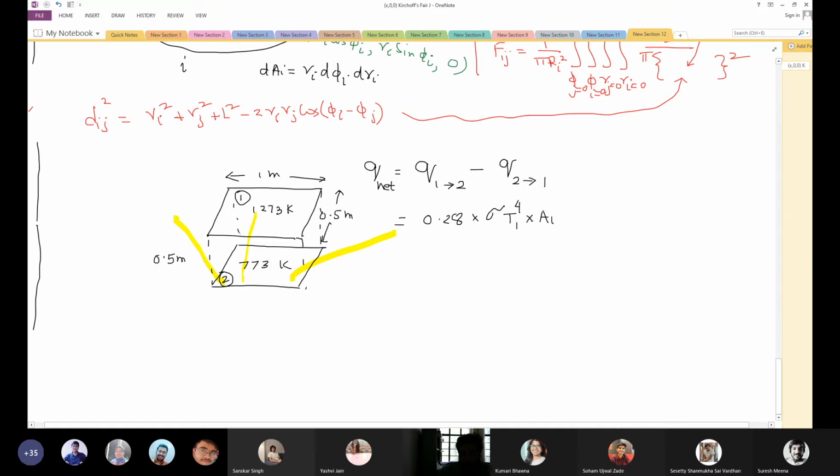This view factor is the same for both cases because of symmetry. So minus 0.28 into again sigma T2 to the power 4 into A2. A2 is A1, so this is A1. So you should get around 18 kilowatt, 18.4 kilowatt.